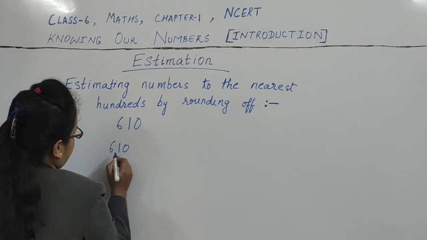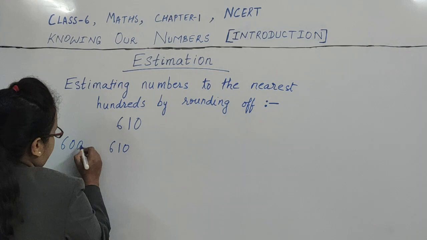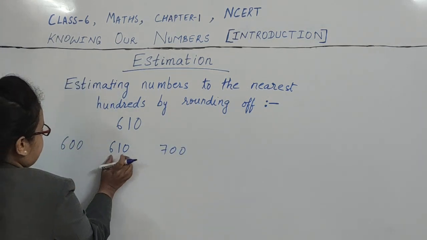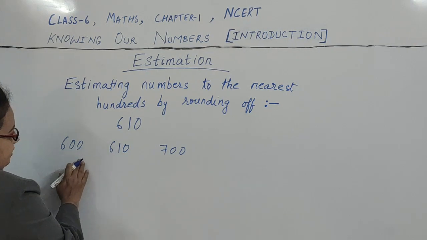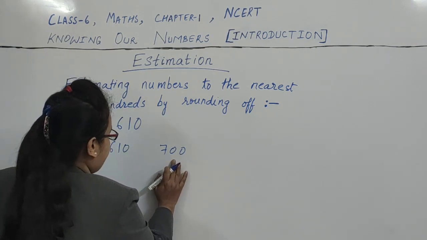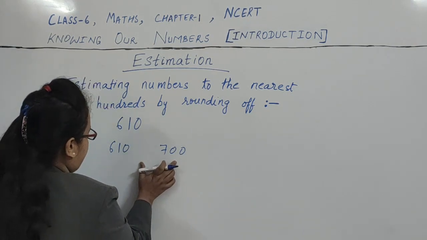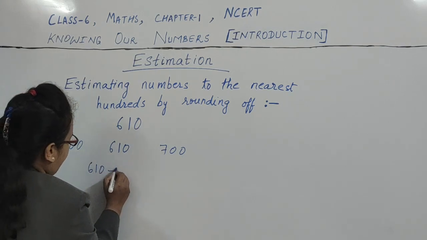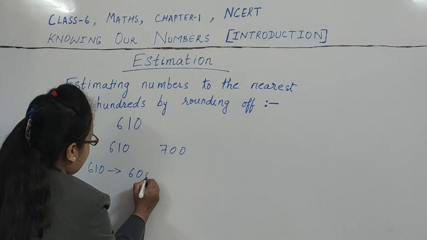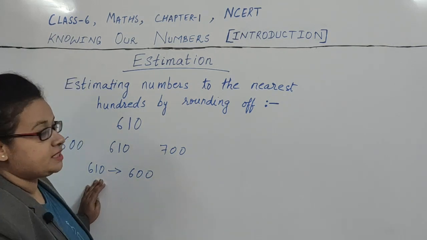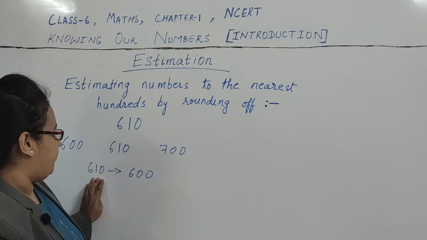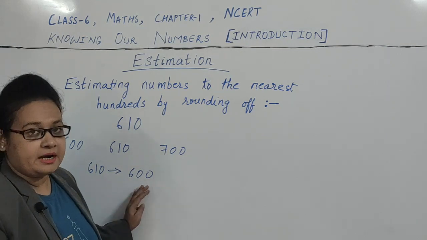See, 610 lies between 600 and 700. And this 610 is closer to 600 when compared to 700. It is farther away from 700 and closer to 600. So, 610 can be rounded off to 600 when we are rounding off this number to the nearest hundreds, because the nearest hundreds for this is 600.